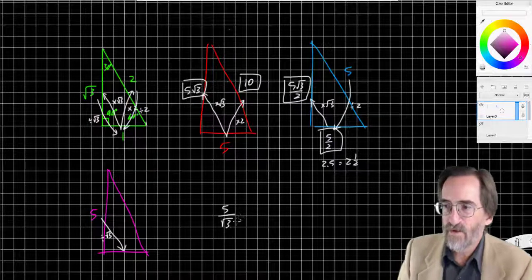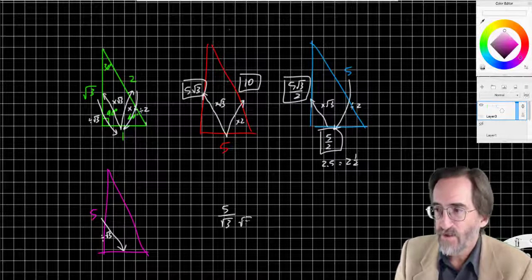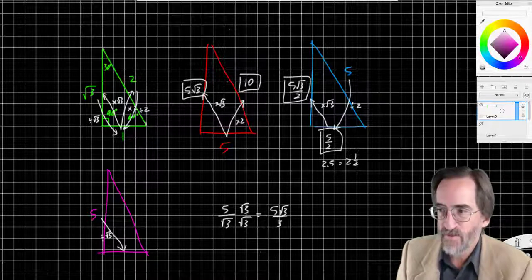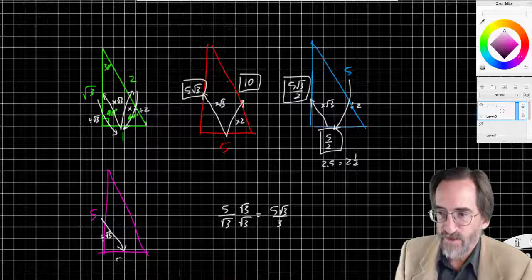Just like in my 45-45-90, we don't like leaving square roots in the denominator. So I'm going to multiply root 3 on top and bottom, and I get 5 root 3 over 3, because any square root times itself is just itself. So this is 5 root 3 over 3.